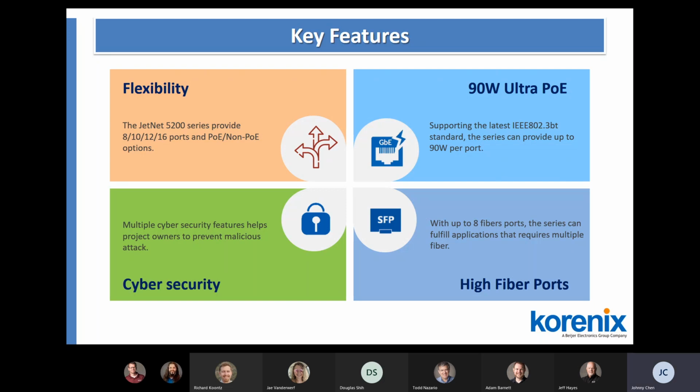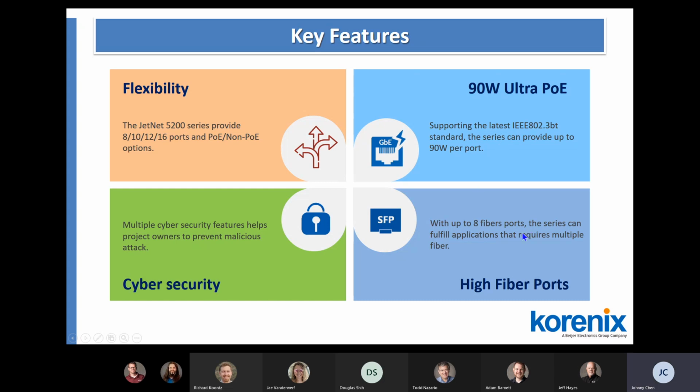Okay, so these are the key features of the 52 series. Like I said, the 52 series provides different port numbers and also PoE and non-PoE options, and it supports the latest PoE standard, 802.3bt, which means it can provide up to 90 watts per port, and also it supports our cybersecurity.